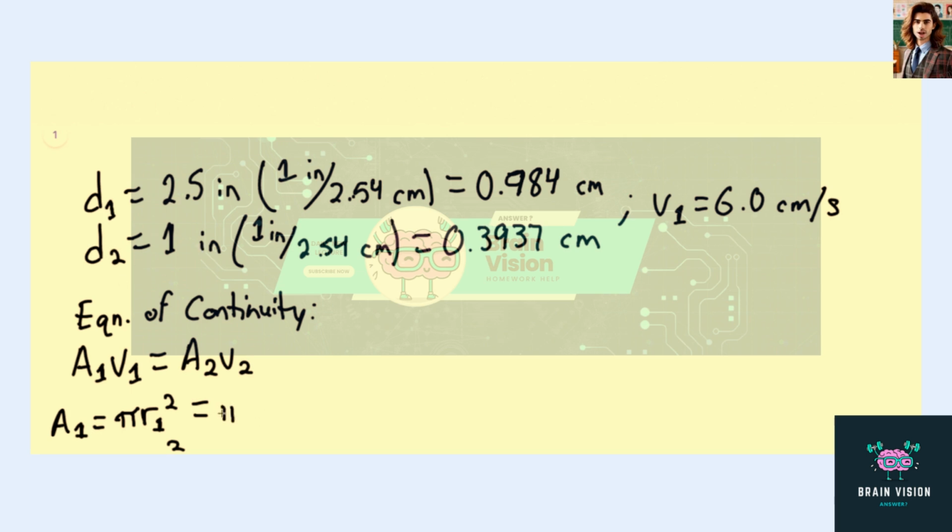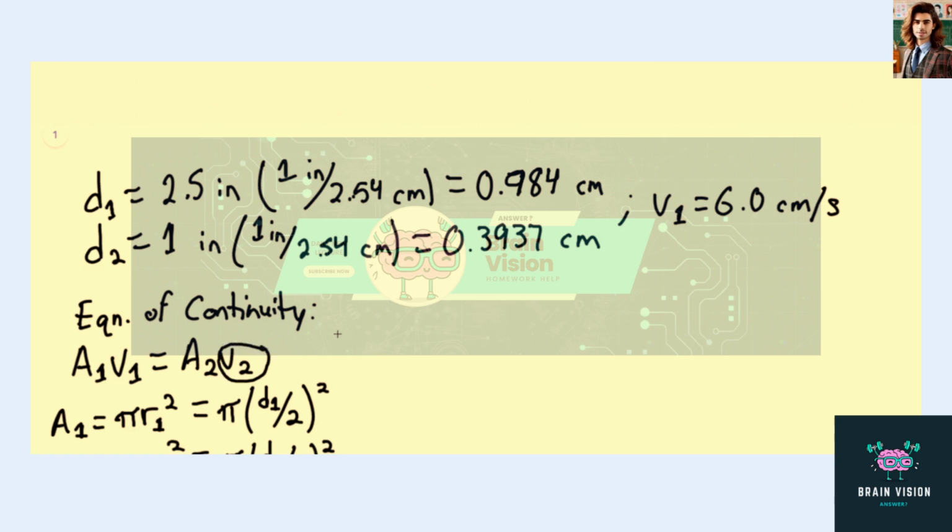So we have pi (d sub 1 over 2) squared, and for the second cross-sectional area we have pi (d sub 2 divided by 2) squared. And this gives us all of our constants needed in order to use this equation of continuity.